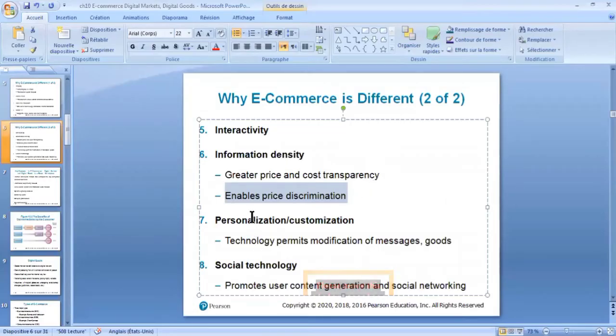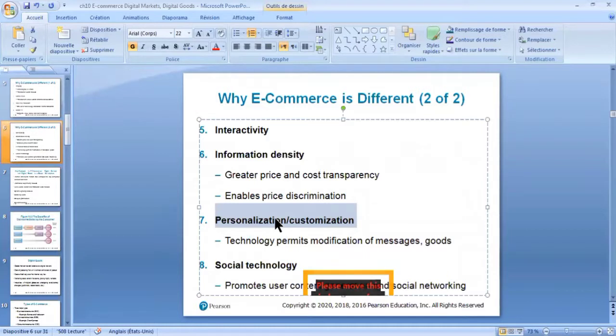Okay, let's move to the seventh feature of e-commerce, which is personalization and customization. E-commerce also allows the personalization of products. Merchants can target their marketing messages to specific individuals.